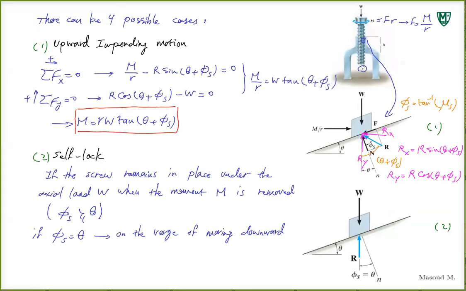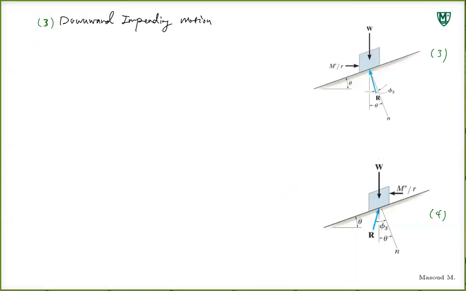We're going in this order: upward impending motion, we apply moment M to get to a point that we're about to move up. Self-lock, that's the case. If you remove M, nothing happens. It's going to be locked. It doesn't go up or down. Well, it can't go up. It doesn't start going down because the friction is strong enough to keep it there.